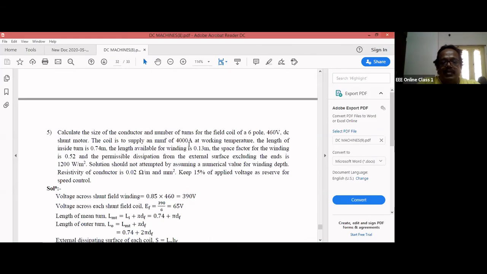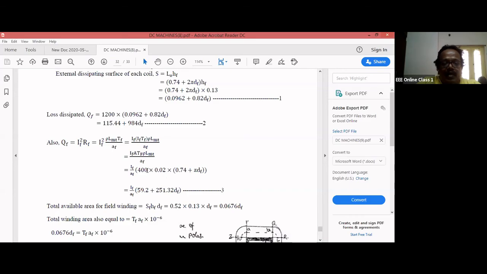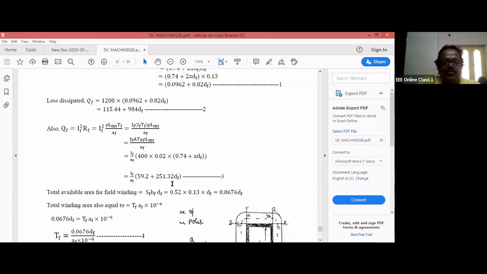Just make the correction here: it is not 400, it is 4000; a zero is missing. So substituting, IF by AF is 59.2 plus 251.32 df.